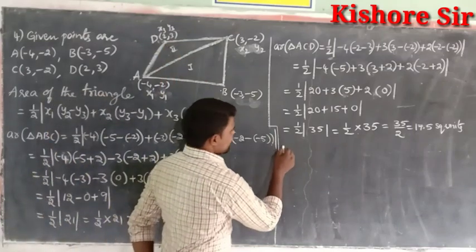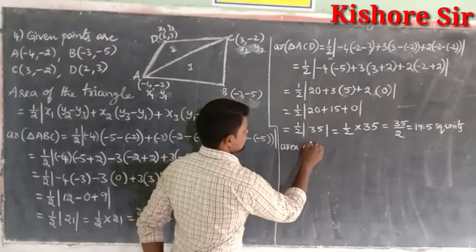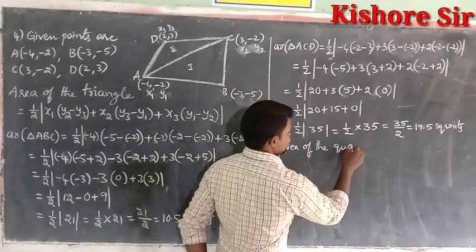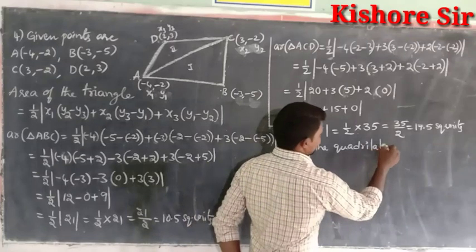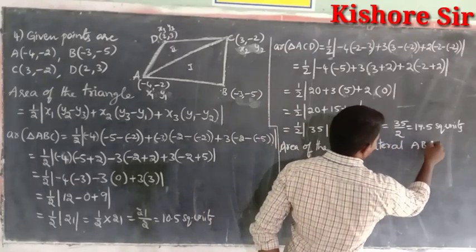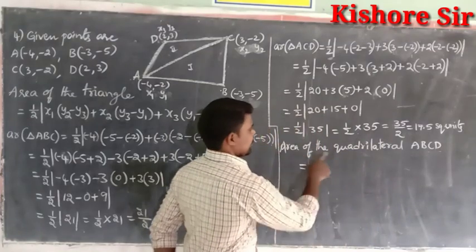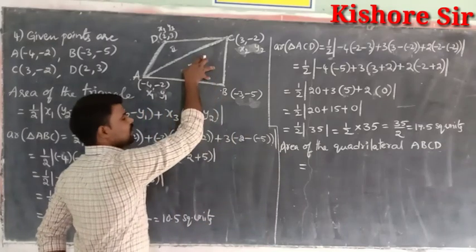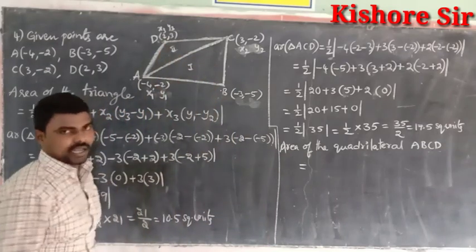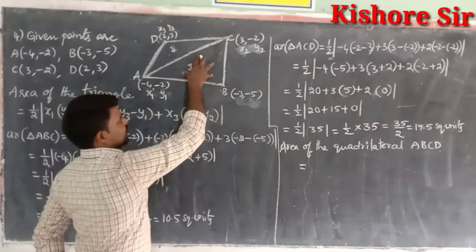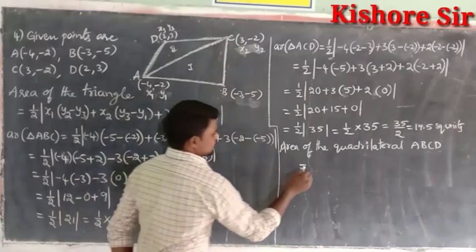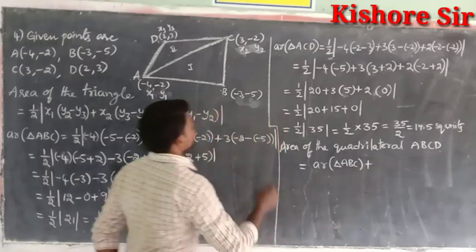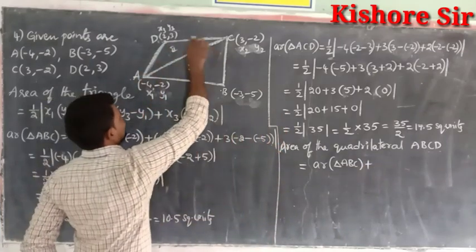Now write here, area of the quadrilateral ABCD is equal to area of first triangle plus area of second triangle. Area of first triangle, that is ABC, plus area of second triangle, that is ACD.